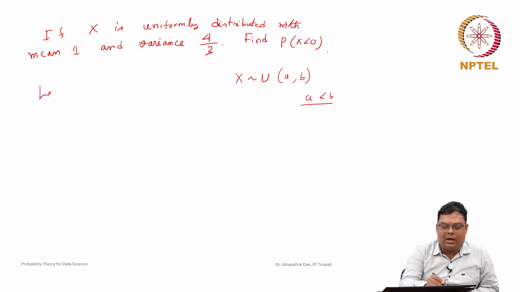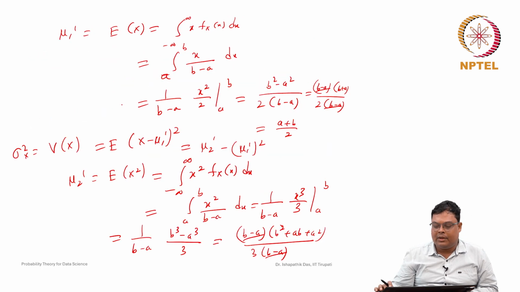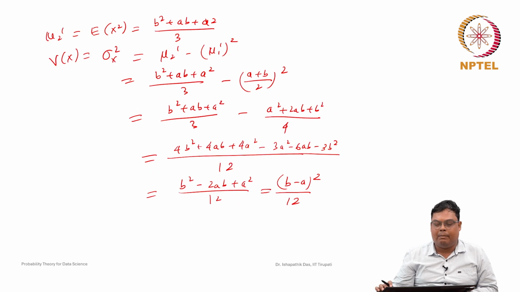So, let x have a uniform distribution over the interval a, b. Then we know the expected value of x, mu 1 dash, which we have already computed, is a plus b by 2.